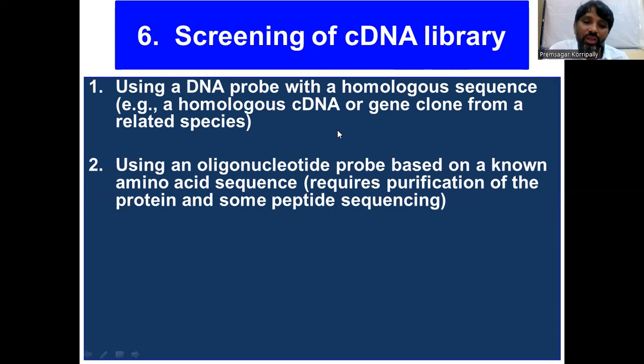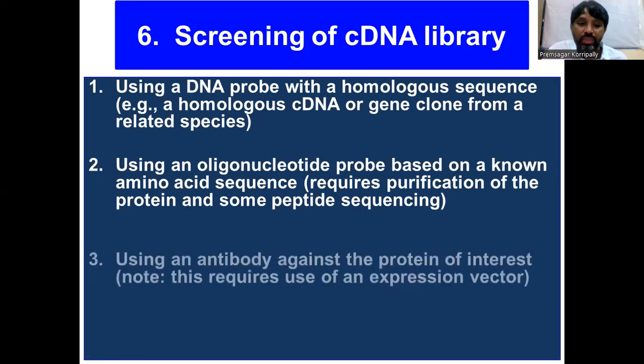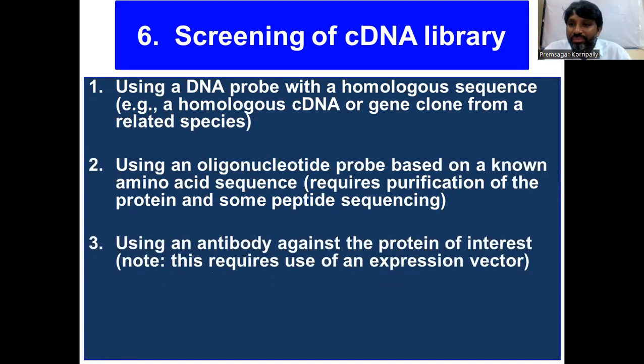You can use the amino acid sequence of the protein or an antibody. If you have a protein and you raise antibodies against it, then when you clone that particular cDNA into the expression vector, that expression vector produces the protein, right?